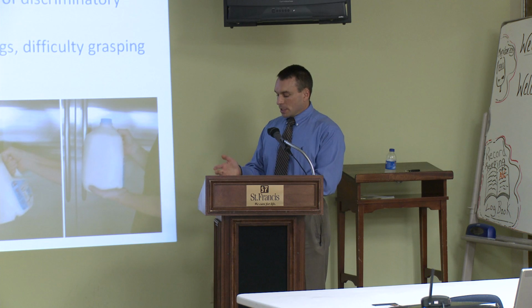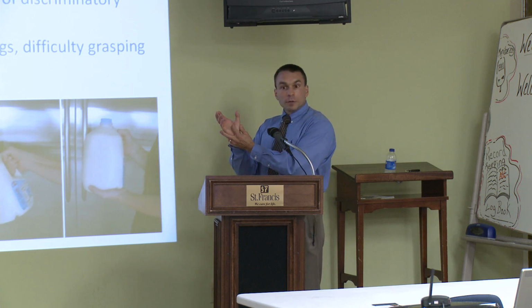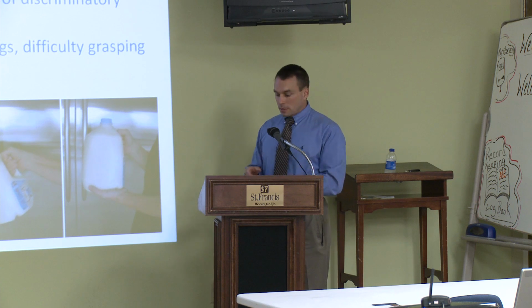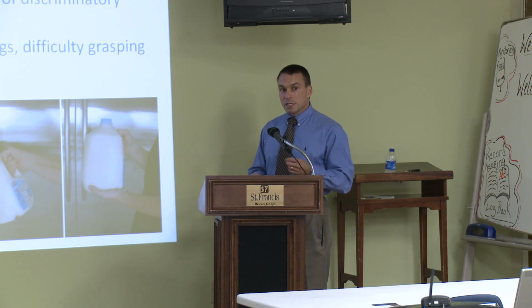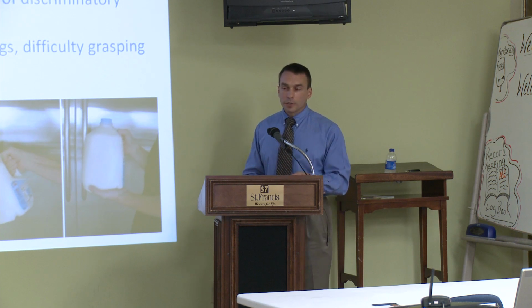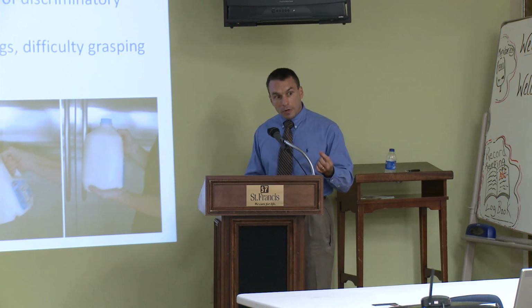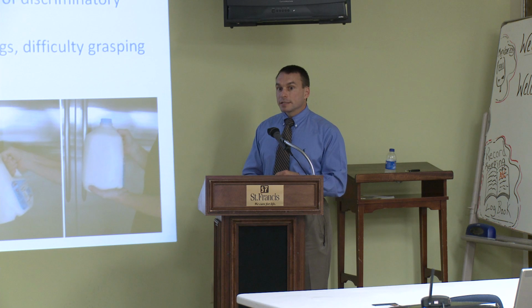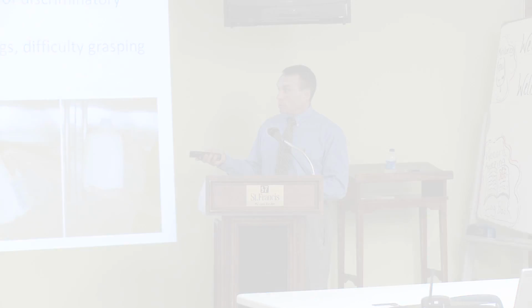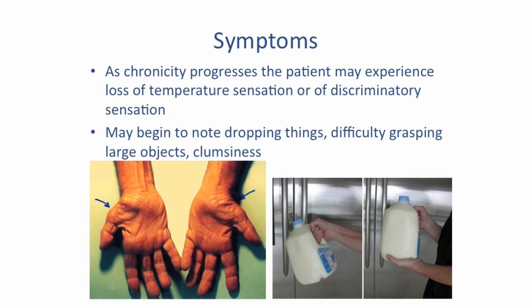And that thick muscle that we all have to be able to grip things actually gets smaller and gets weaker, because off of that median nerve that's going through your carpal tunnel is a branch from that nerve called the recurrent motor branch. It actually supplies the motor function to that thenar musculature, to that thumb muscle. So when you go to grab something, you don't have the strength that you once did, and you drop it.